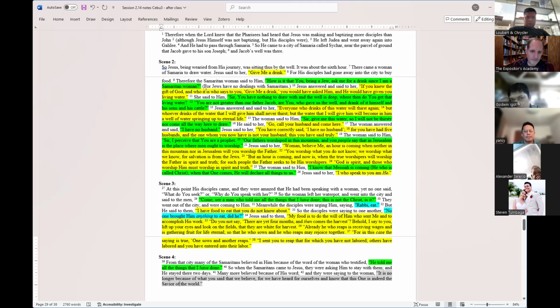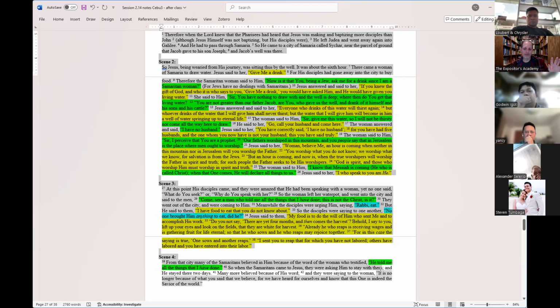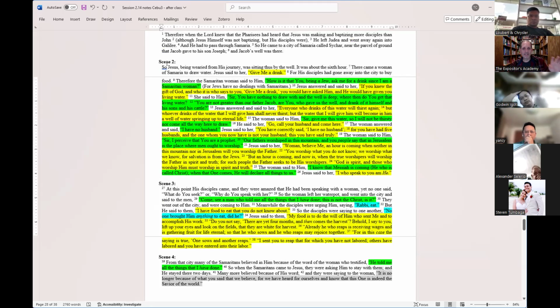So what I do at this point is look at what I've highlighted here. That helps me visually focus on what seems to be the important comments from each of the characters. For the story as a whole, I broke it by scenes here just to make it clearer who's speaking and who isn't.